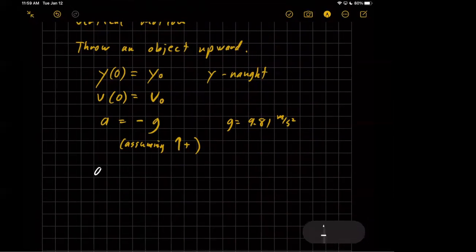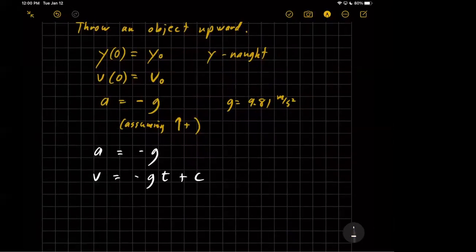If a of t is equal to negative g, then what's going to be true about the velocity? What's the antiderivative of that? Remember, g is a constant. So I need a velocity expression whose derivative will be negative g. And here it is. If you take the derivative of negative gt, remembering that g is a constant, not a function, we don't need a product rule here, you will end up with just negative g. The derivative of the constant is 0, so that works.